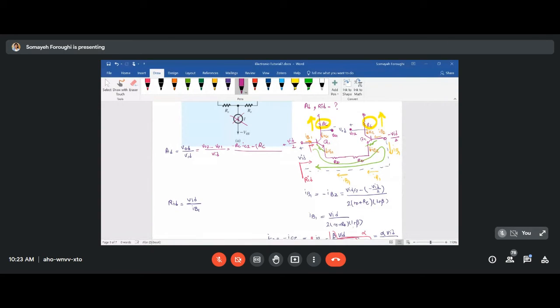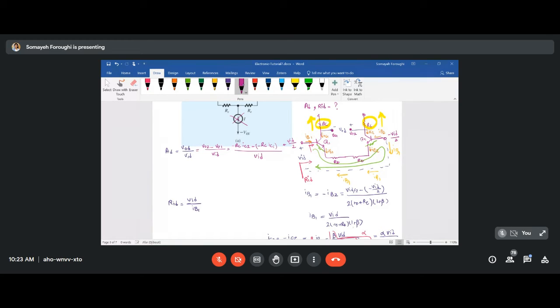Then it will be negative, so that will be negative RC times IC1. Let me check one more time. Yeah, I think it's right.